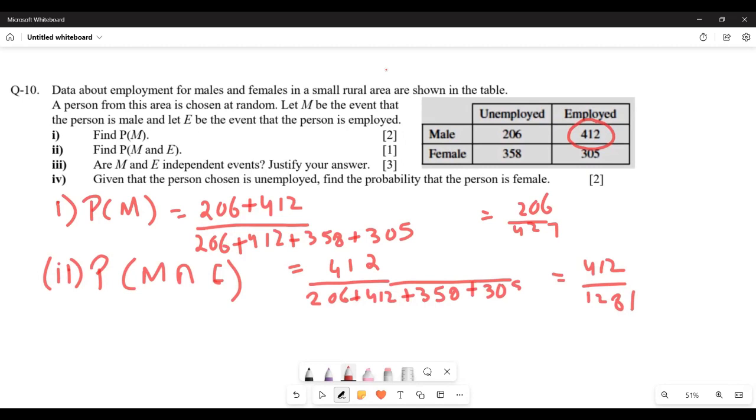Part 3. Are M and E independent events? Justify your answer. हमें पता है अगर इंडिपेंडेंट हो तो ये फॉर्मूला एप्लीकेबल होना चाहिए.